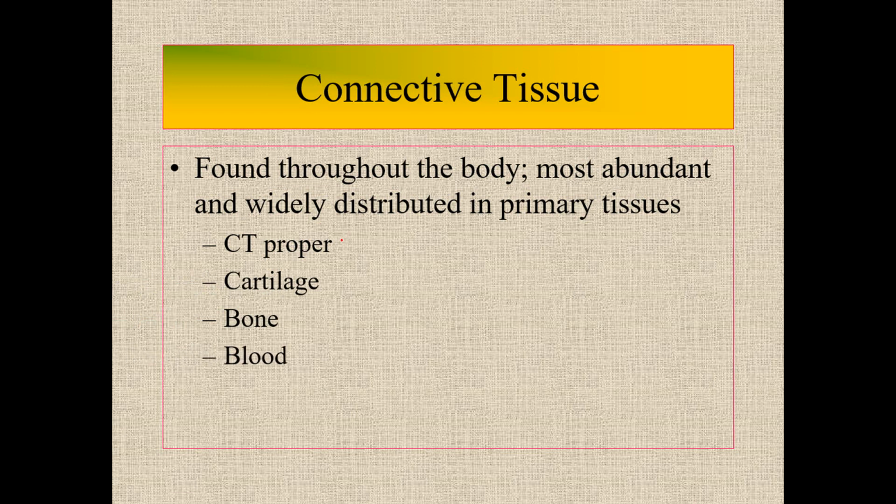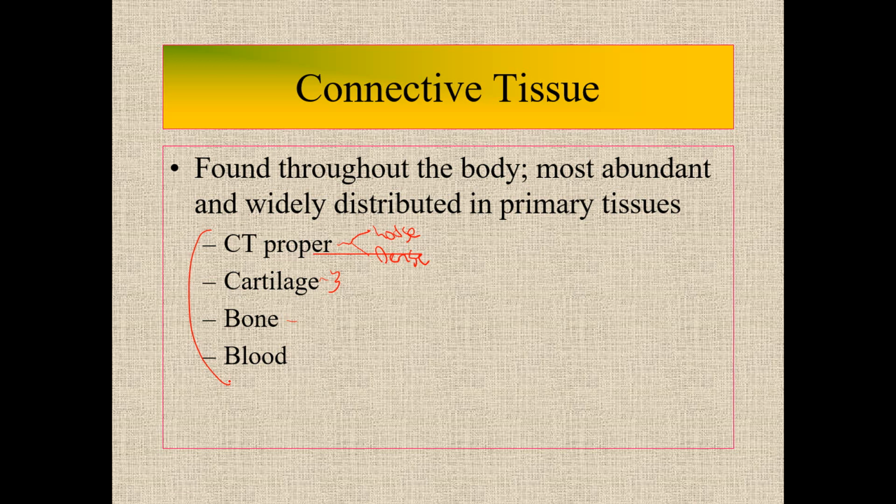Keep in mind with the CT proper, we're going to further subdivide that into loose and dense. Cartilage, we'll go over the 3 types, and then bone, we're going to go over the structure of bone, and blood is kind of blood. But keep these 4 categories in mind. They're going to come back into play when we talk about certain characteristics of connective tissue.